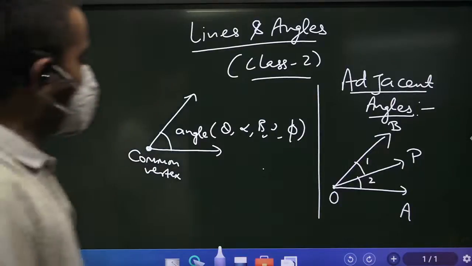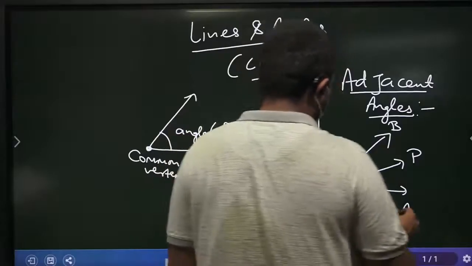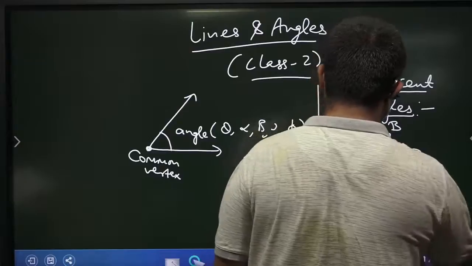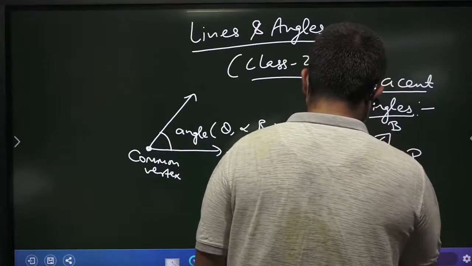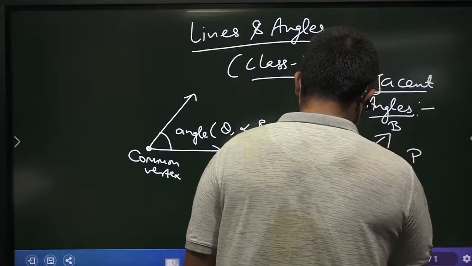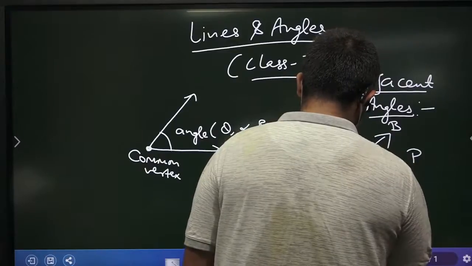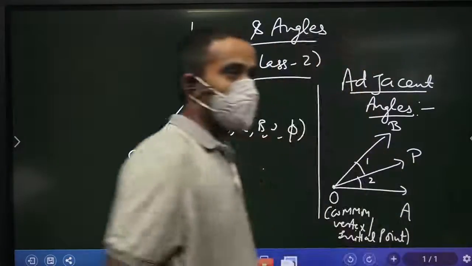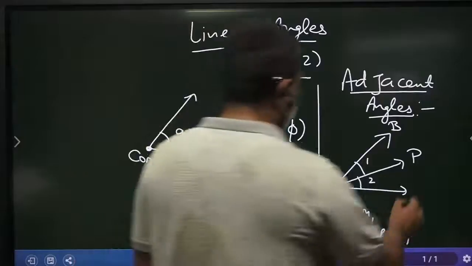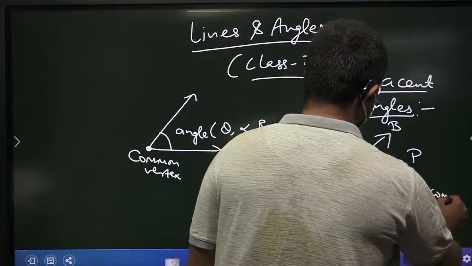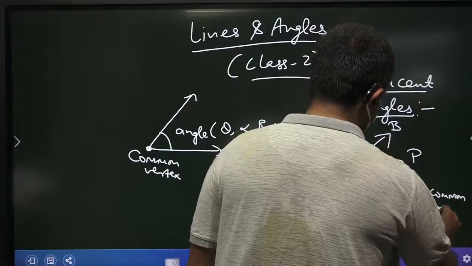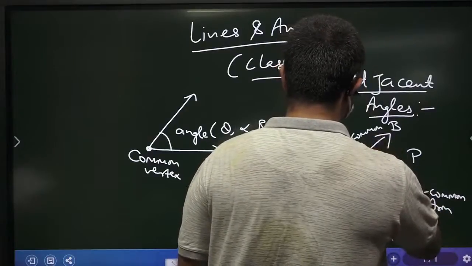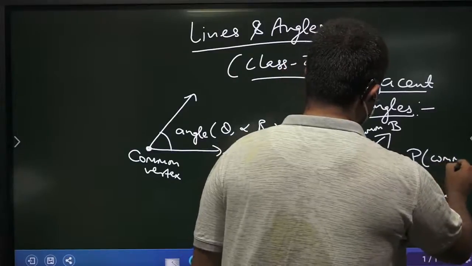We can define the adjacent angle as follows: O is the common vertex or common initial point. OA is an uncommon arm. Similarly, OB is also an uncommon arm. Arm or ray, we can say. And this OP is the common arm.